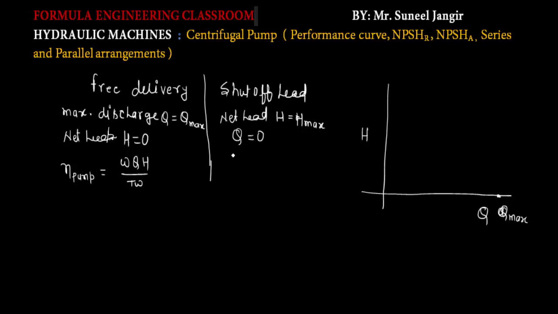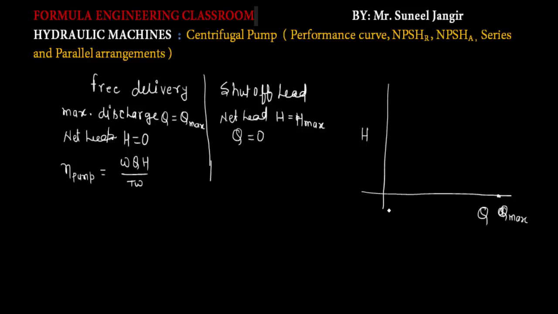This will occur when the delivery pipe is blocked. So when the delivery pipe is blocked, there is no discharge available and the head developed by the pump is maximum.